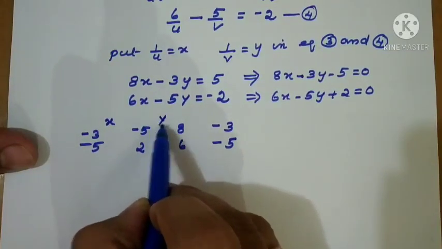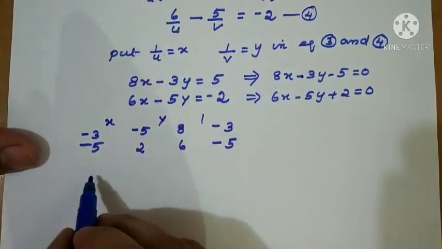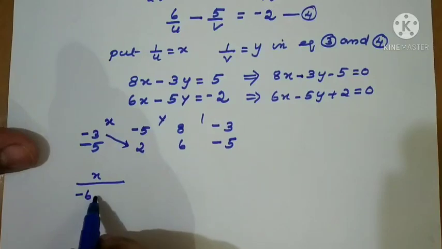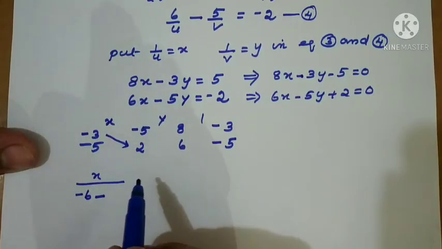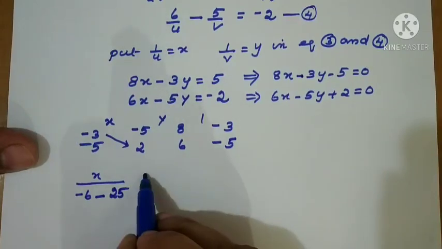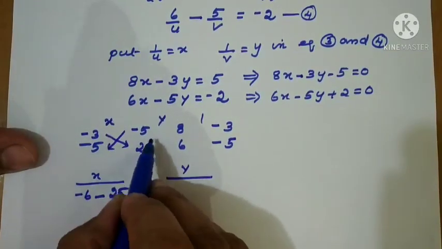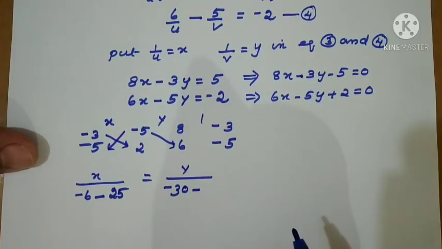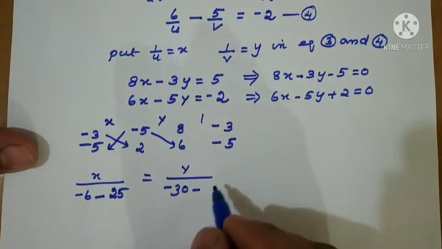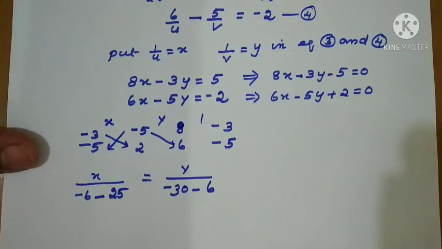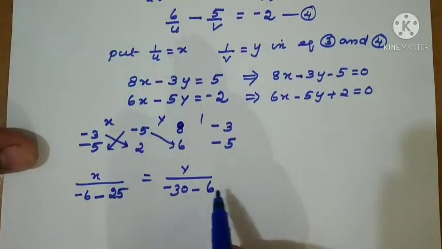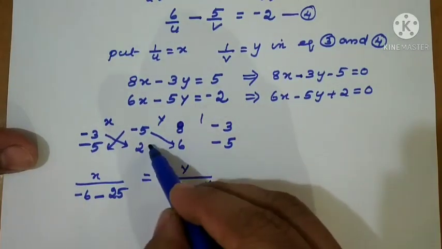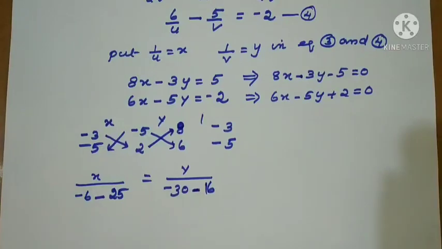So here x, y, 1. Now x divided by, I should multiply first here, minus 3 into 2, minus 6, minus 25, so here minus 31 only. Y divided by, minus 5 into 6, minus 30, by the formula 1 minus sign is there, 2 into 8, so 16 only.